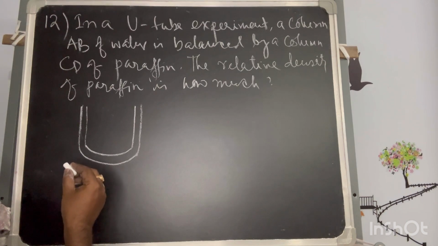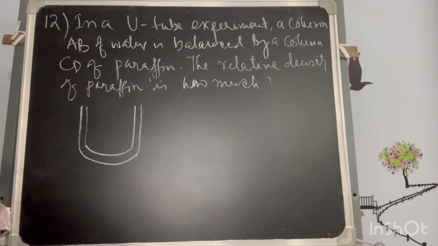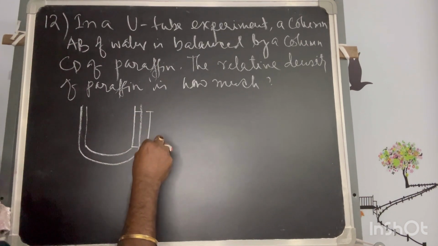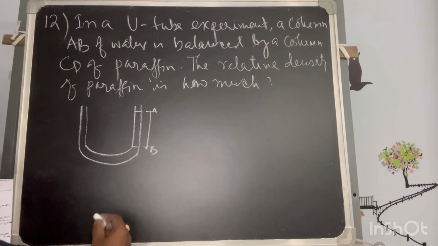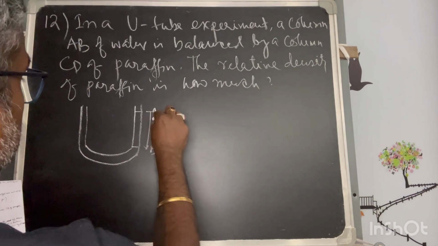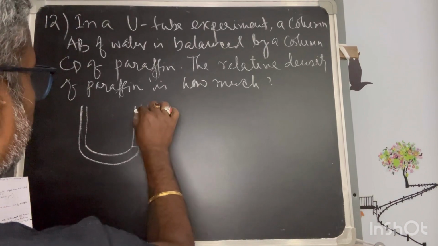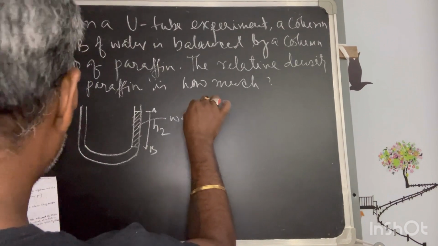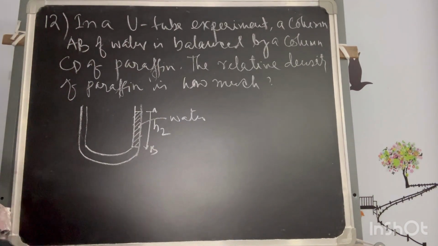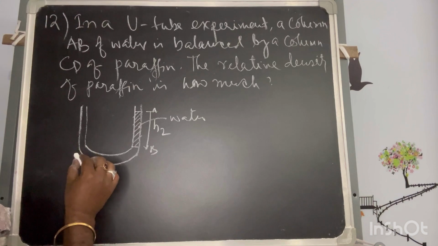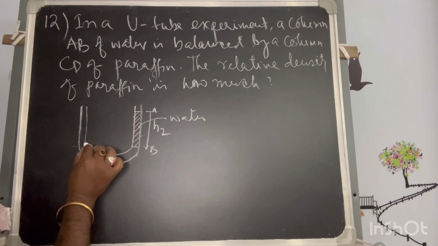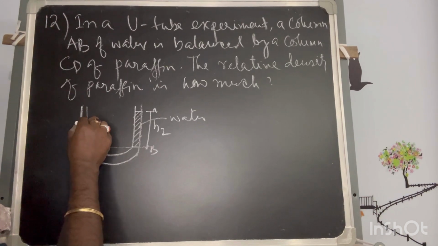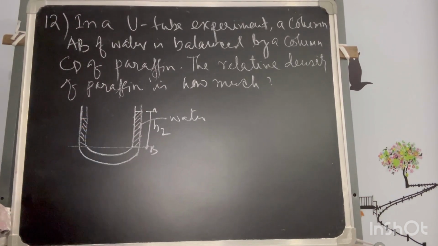So the U-tube has a column of AB, A and B, of height, let's say this is H2 height, which is having water. This is water, and the other arm has the paraffin given.